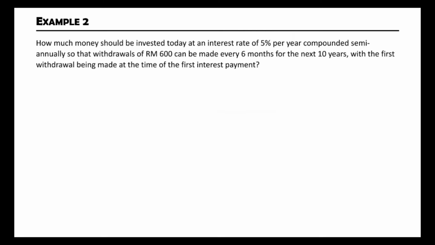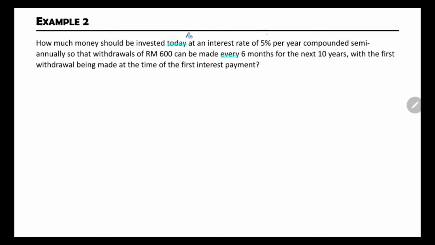Example 2. How much money should be invested today at an interest rate of 5% per year compounded semi-annually so that withdrawals of 600 can be made every 6 months for the next 10 years, with the first withdrawal being made at the time of the first interest payment. First, we look for the words each or every, which indicate an annuity. How much money should be invested today? This indicates that this is A_n. We're looking for the amount today, not in the future.